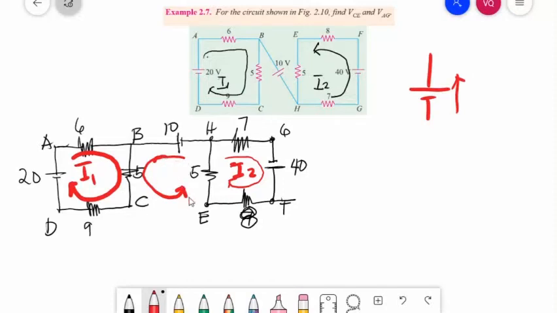It is just the loop, because it is an open circuit. No current passes through point CE.